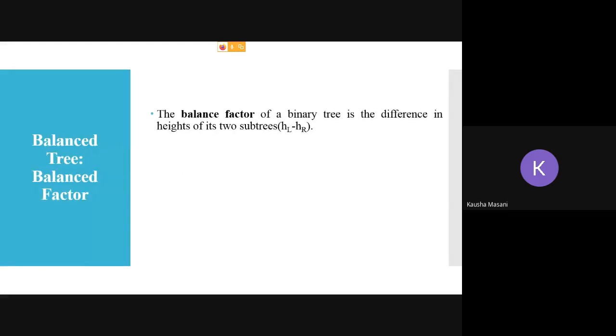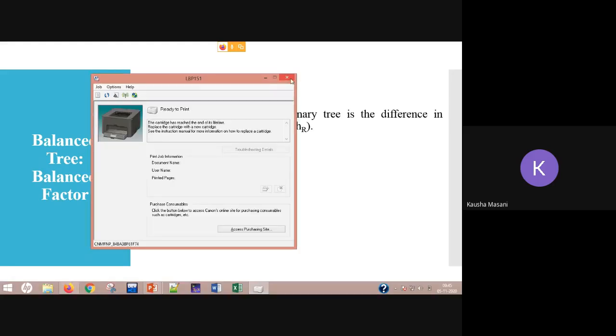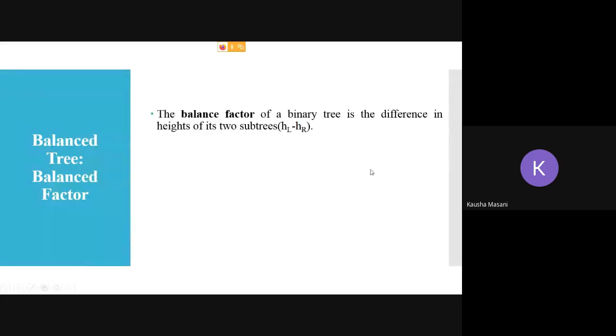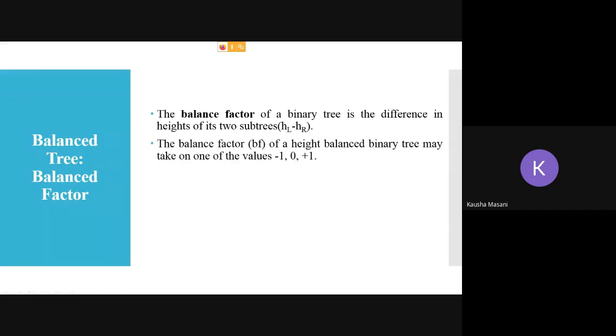Now, how can you calculate the balance factor? It is the difference between, I told you, the height of left subtree minus height of right subtree. So this is the formula, h of L minus h of R. Okay, so that will give you the balance factor. Alright. Now see, as I said, the range of this balance factor should be within -1, 0 or +1.